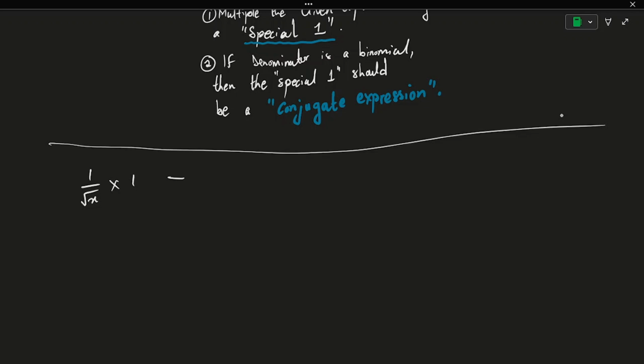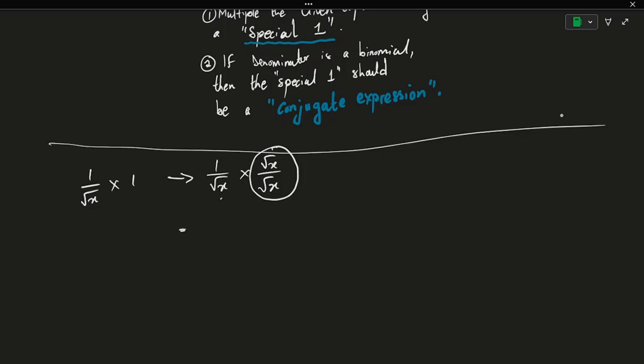So this means that you can turn this expression into 1 divided by root of x multiplied by root of x divided by root of x. This now is our 1 that we're multiplying, and it is a special one because you are taking the denominator itself and multiplying by itself divided by itself. So that is a special one.